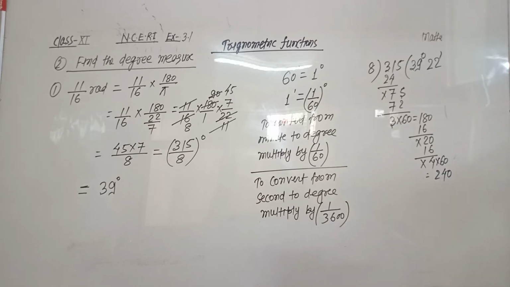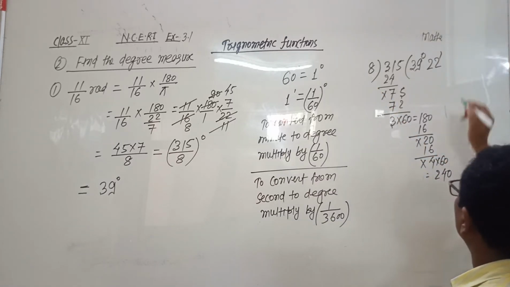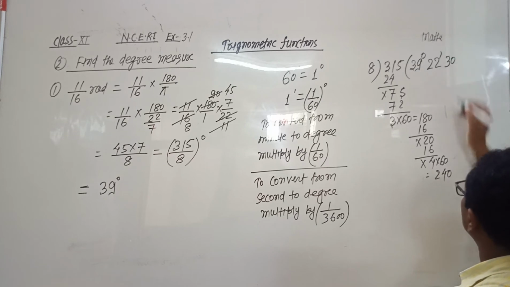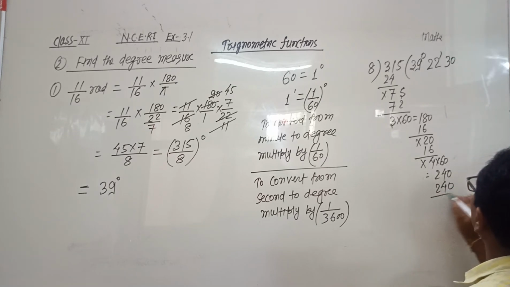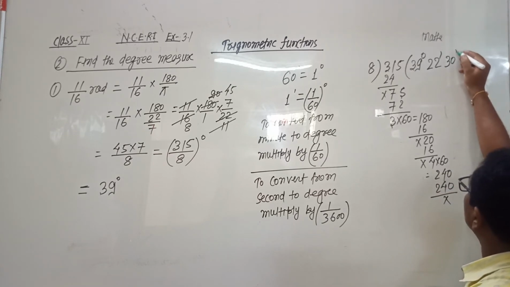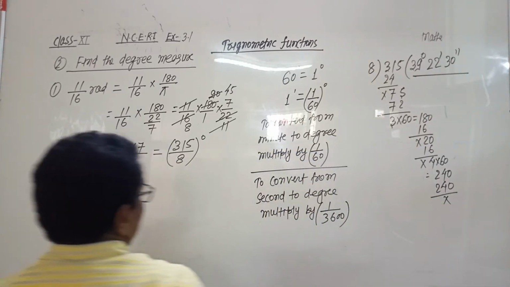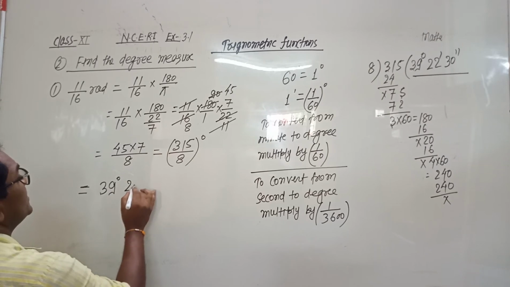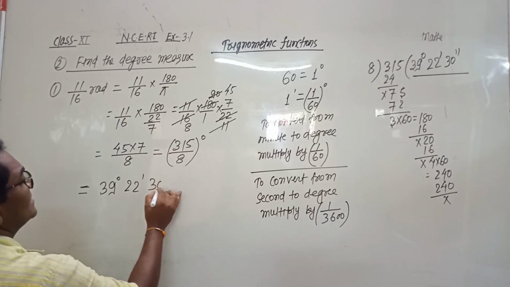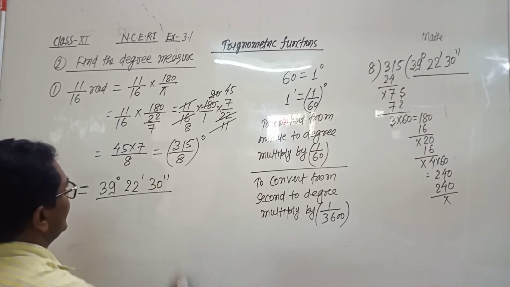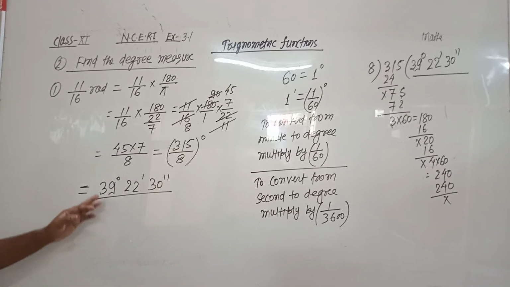So we get 240. Now divide 240 by 8. So 30 into 8 is 240. Remainder comes 0. And this is second. So the final result comes to be 39 degree, 22 minutes and 30 seconds. So we have to write the value in degree, minute and second.